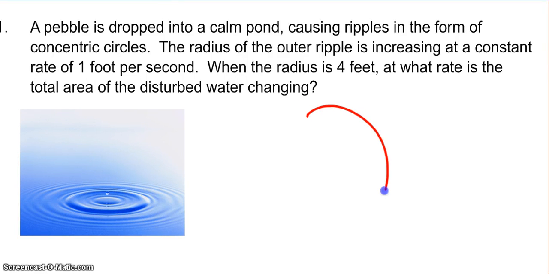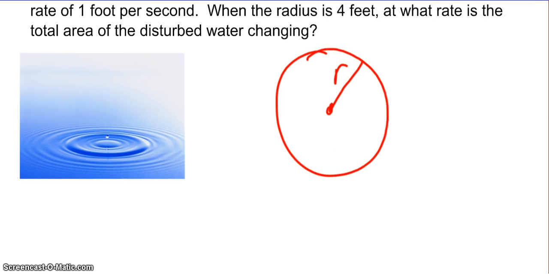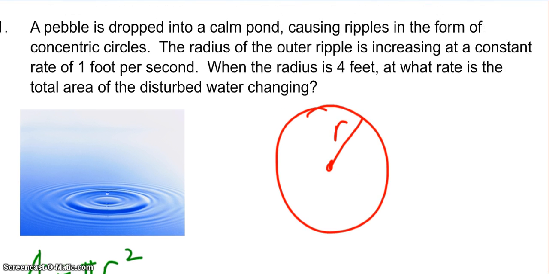So if we draw a circle, I have some radius, and I know that my relationship is area equals pi r squared. Now, what values do I know? The radius of the outer ripple is increasing at a constant rate of 1 foot per second.